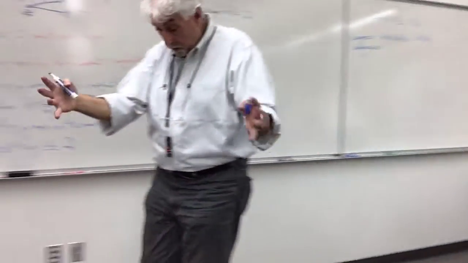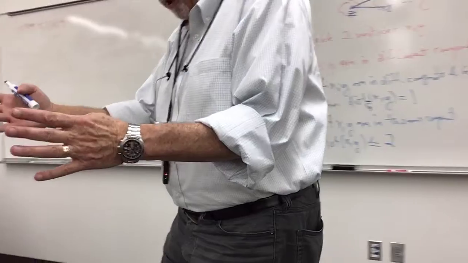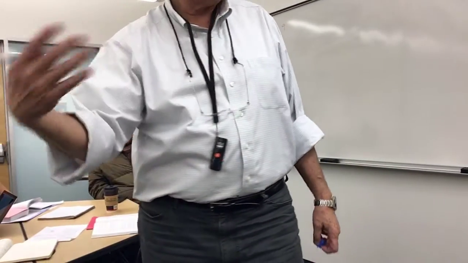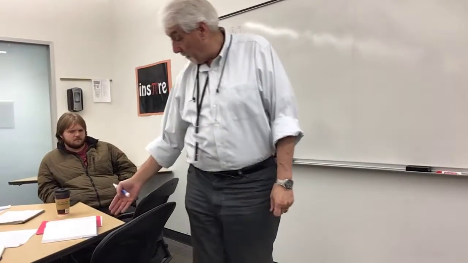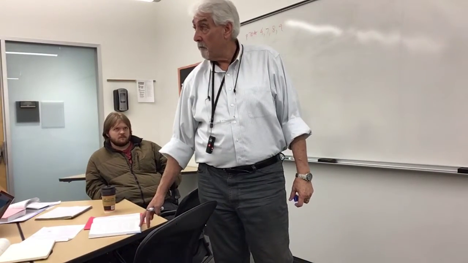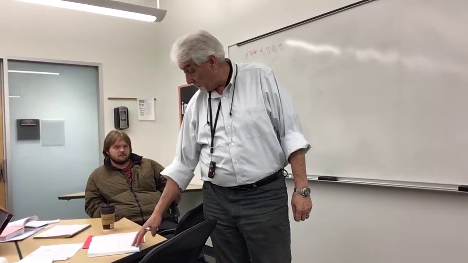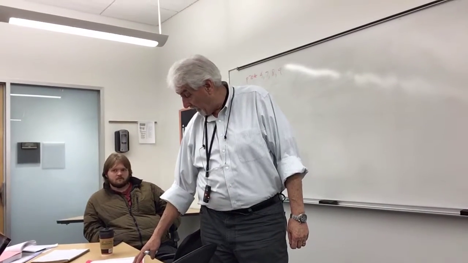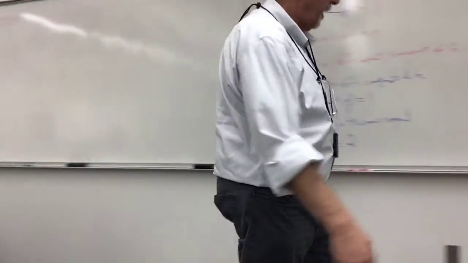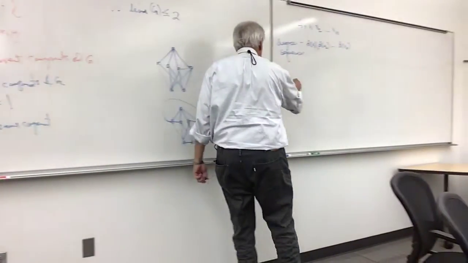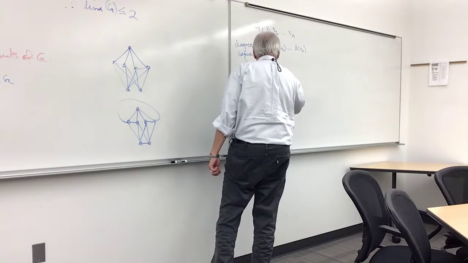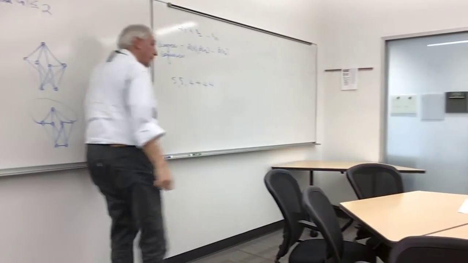So it's simply a list of all the degrees of the graph, and it includes repeats. So for example, in this case, 5, 5, 4, 4, 4, 4. How many non-isomorphic graphs are there with this degree sequence? So there's my degree sequence. 2 5s and 4 4s.